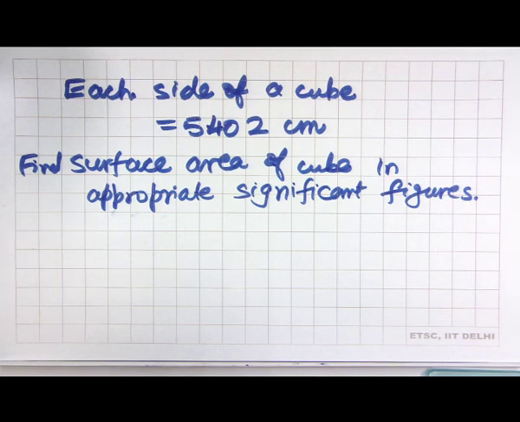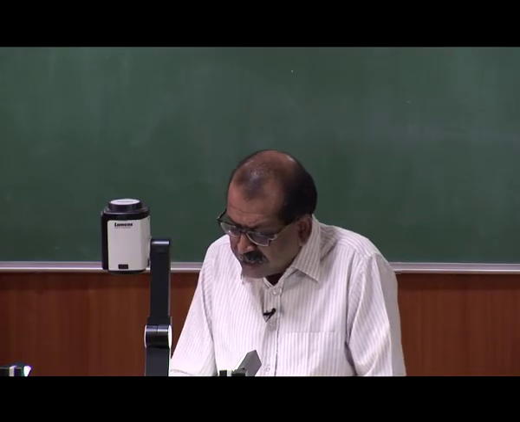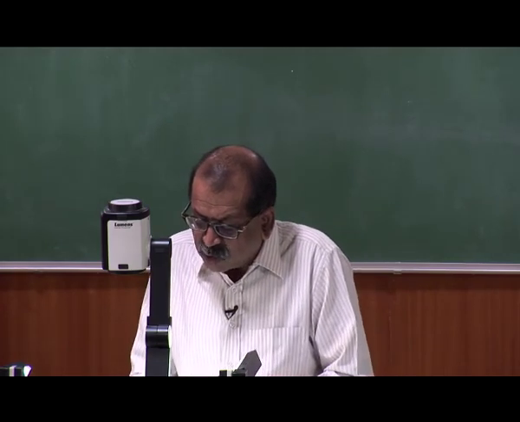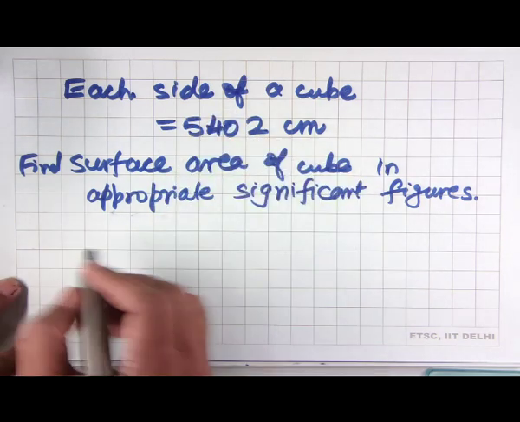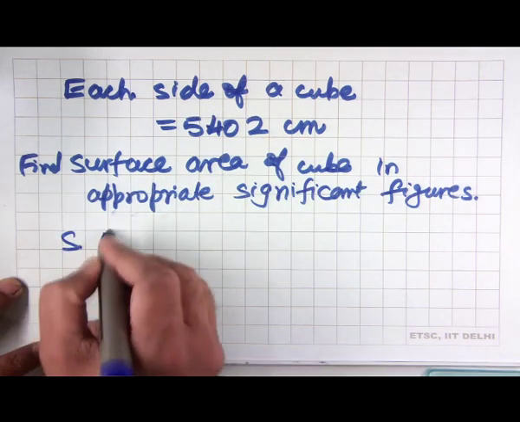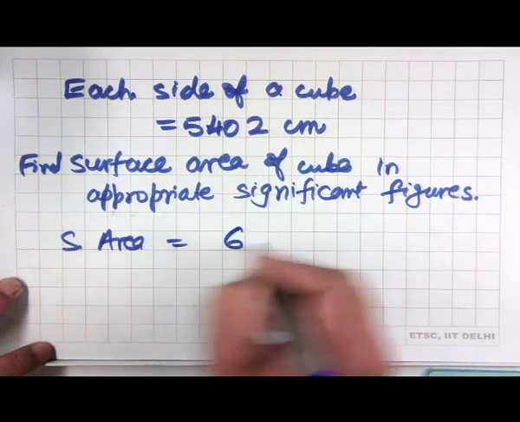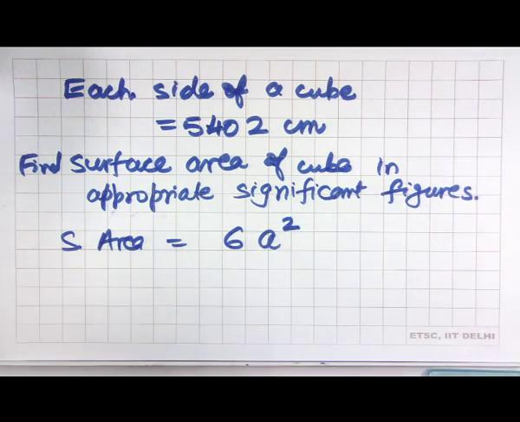Now, since the data is given to us in centimeters, we will find the answer in centimeter squares. The formula for surface area is equal to 6a square, which means a multiplication is involved.